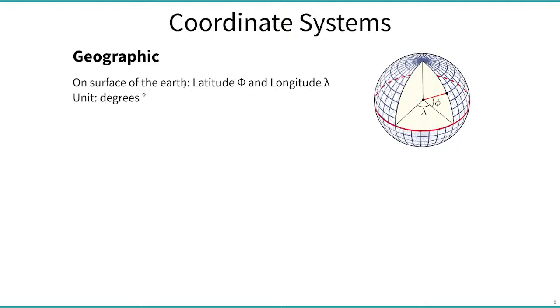I talked about latitude and longitude, and I can never remember which is which. Maybe longitude, it's a long way when you want to travel around the Earth. I don't know how to remember it. Maybe for you it's easier than for me.